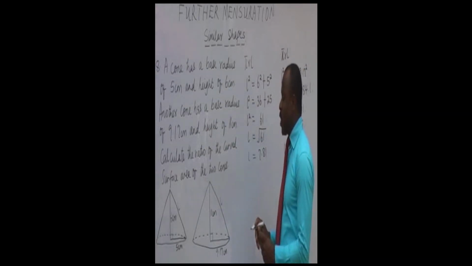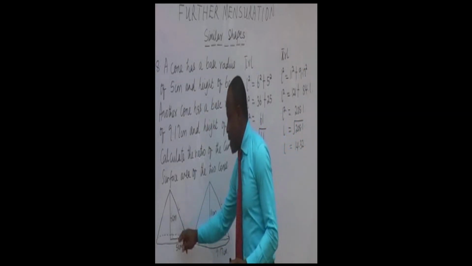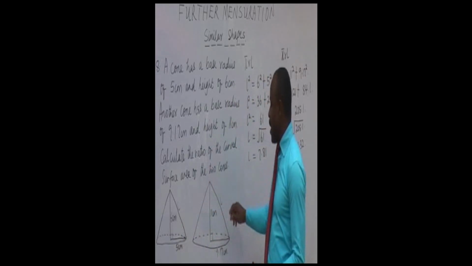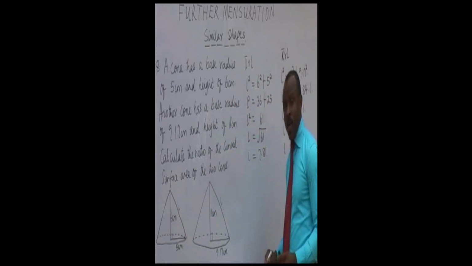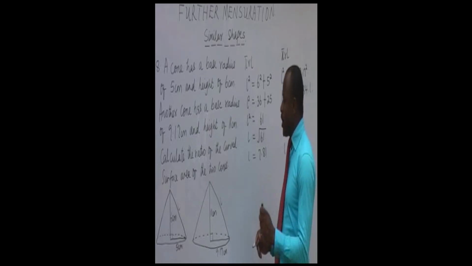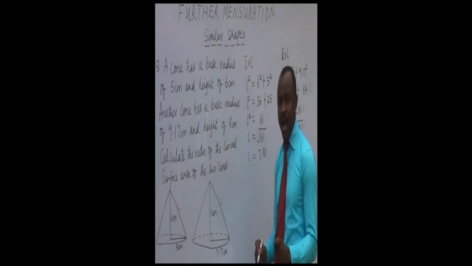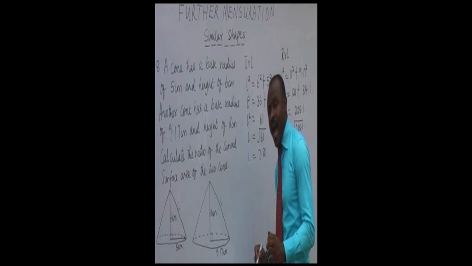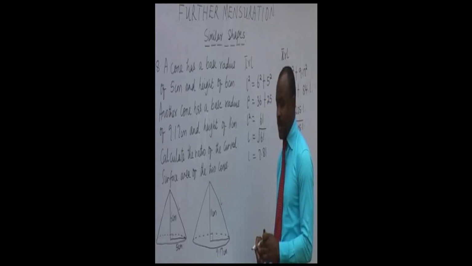Now that we have gotten the sides of the cone, the ratio of the curved surface area is going to be the square of the corresponding sides.